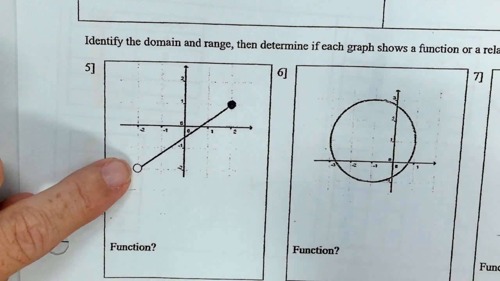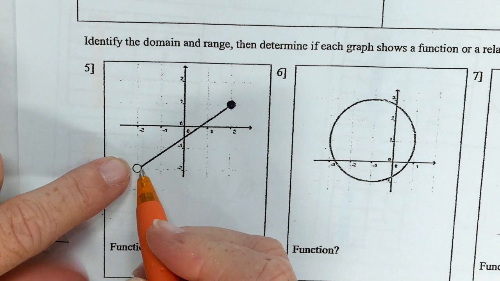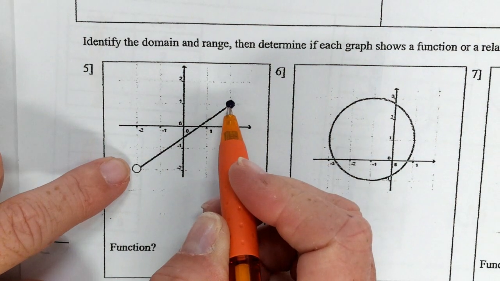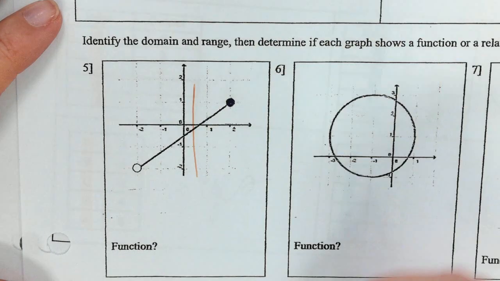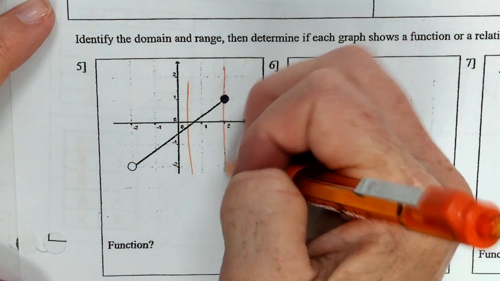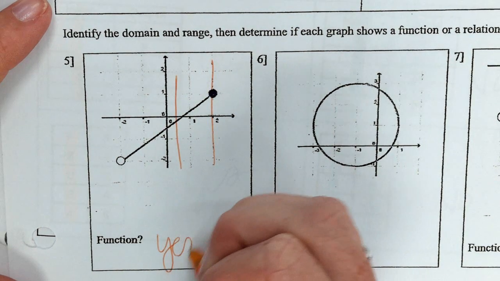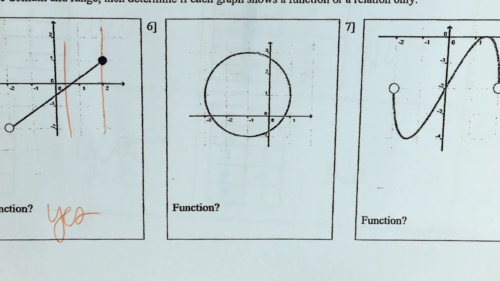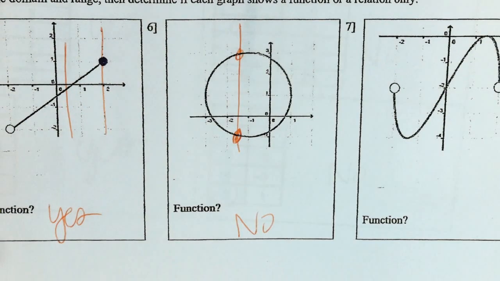So this is basically saying this is not a point on the graph, but this is. Does that make sense? All right, if I draw a vertical line, how many times does it touch? Once. So is this a function? Yes. How about that circle? No. Absolutely not, because it would touch twice.